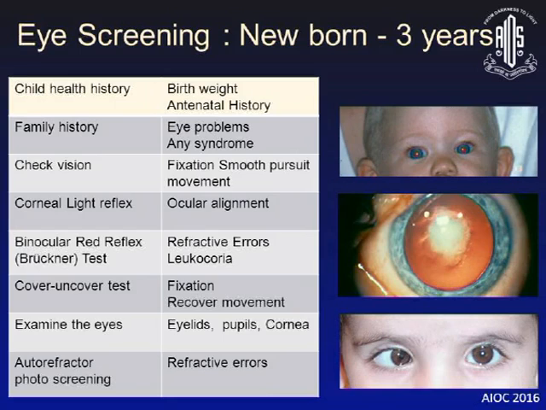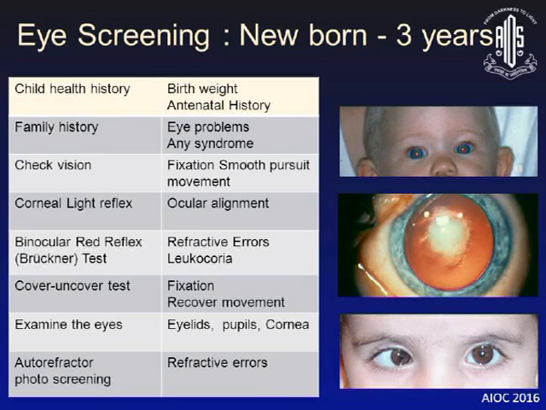It is very, very important to know the history of the child, the birth weight, the antenatal history, and if there is any family history of any problem; to check the vision, by visual contact and fixation through a smooth pursuit movement.